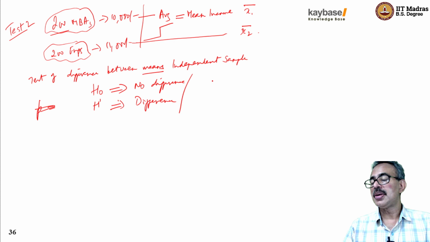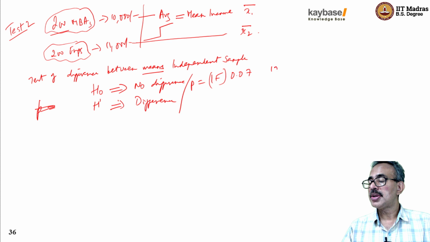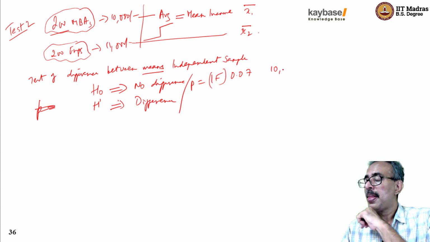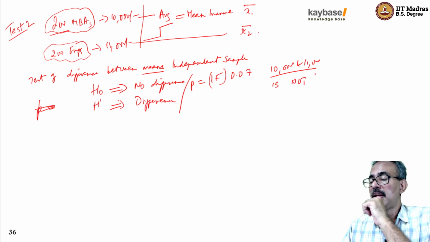If that probability is 0.07, then we conclude that the difference between 10,000 and 11,000 is not due to chance.